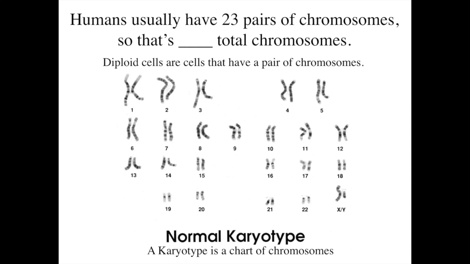So a total of 23 pairs, which is 46 chromosomes. You get 23 from mom and 23 from dad, and then when you are born, you have 46. We'll be talking about that later on in genetics.